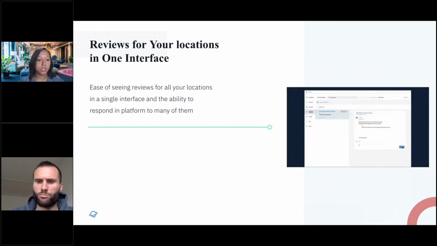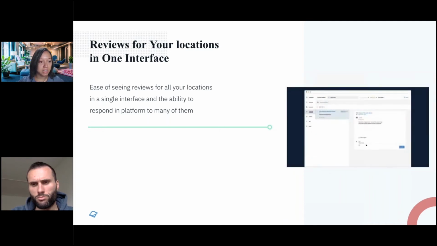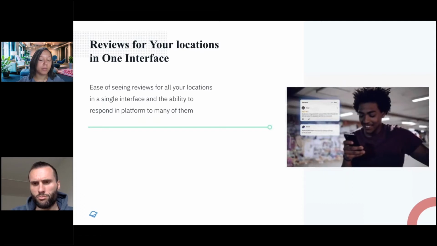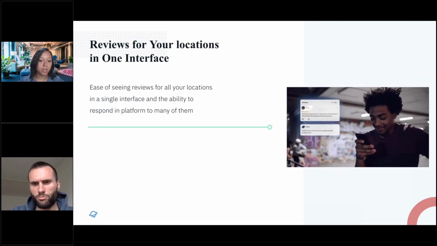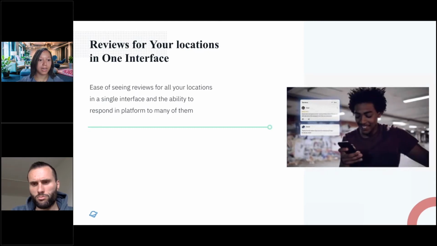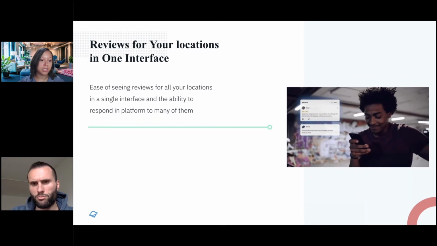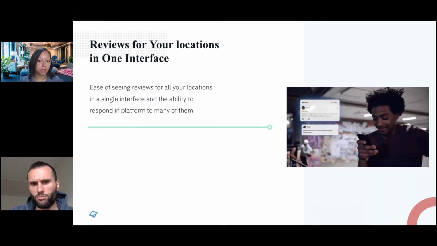So we've made sure that that's a key element of our platform, that you can easily see all of the reviews for your locations, and you can understand the performance of them, and you are able to share these with your team, whether you are sitting at corporate or at an agency level and you're looking down, or you want to roll out that feature and functionality to regional managers so they can see how stores or locations are performing.